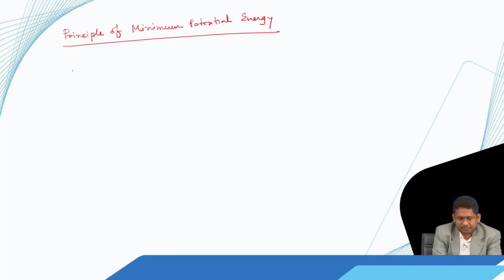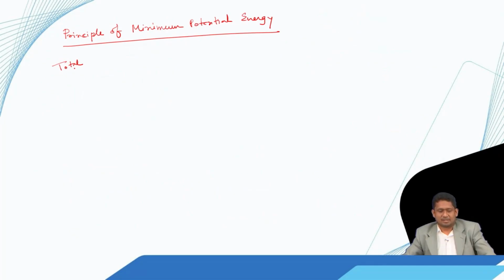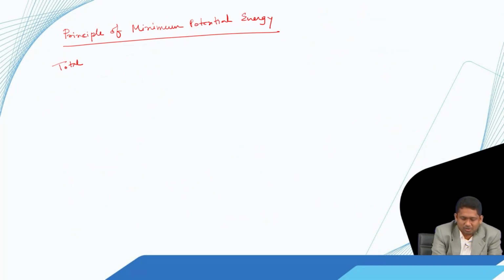In this case, if we look at the same example that we had in the diagram, we have an arbitrary 3D body under some loads. In that case, we find out something called the total potential energy of the structure.